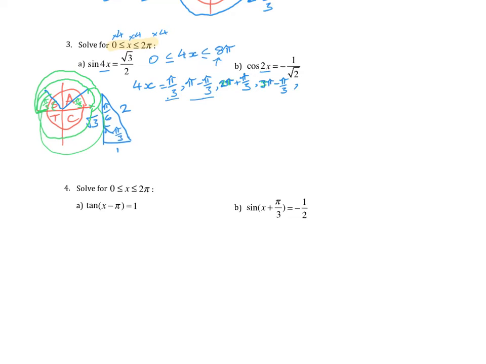I need to keep going because I need to get to 8 pi. So now we've gone around 4 pi. Let's keep going. Oh, now it's 4 pi plus pi on 3. And then keep going. 5 pi minus pi on 3.